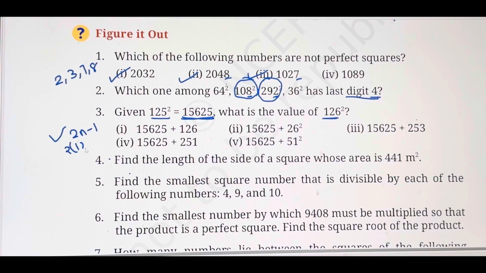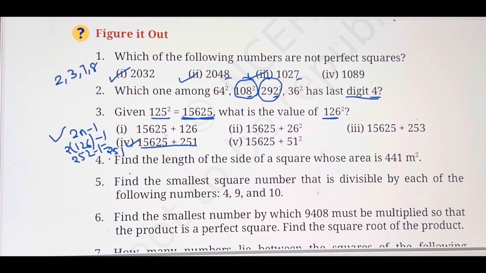So 2 into 126 minus 1. So double of 126 is 252. Minus 1 gives you 251. Right? And here 15625 plus 251. So this is our answer.